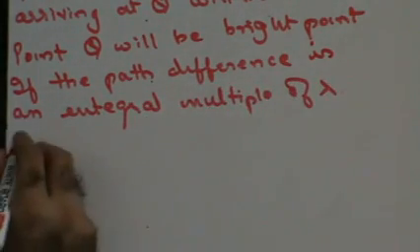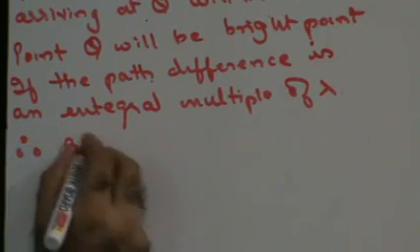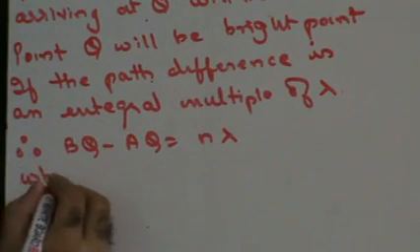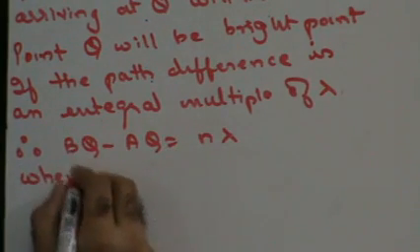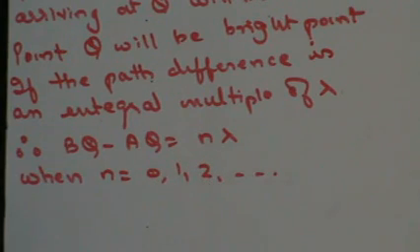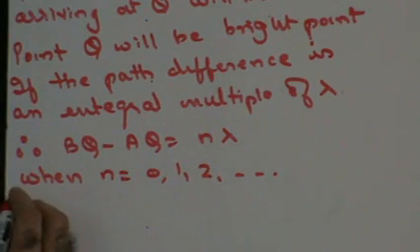That means for a bright point BQ minus AQ should be equal to n lambda, where n can be any number from 0 to infinity, right? Okay. Now for a dark point, we had also done this.